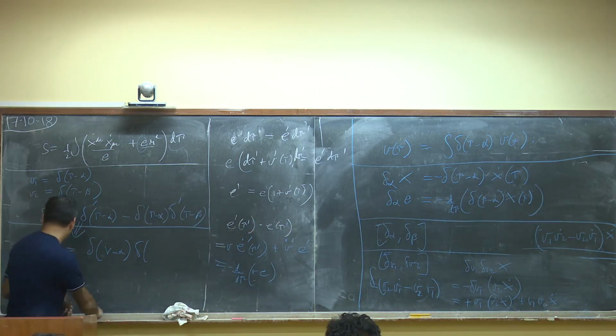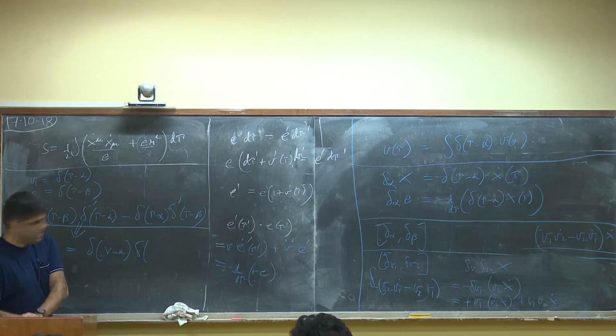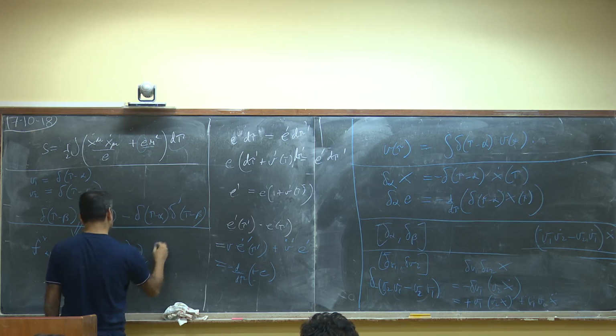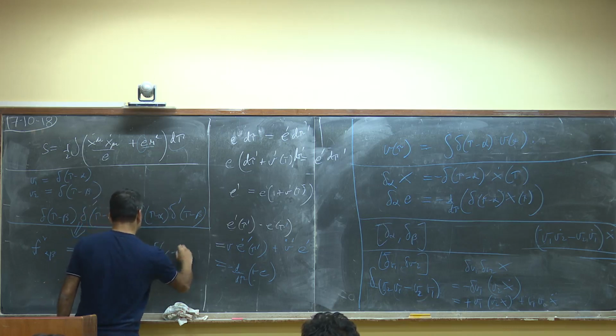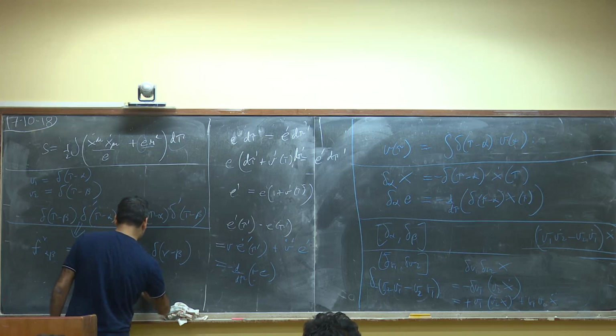symmetric in alpha and beta. Yes. It's del by del gamma: delta of gamma minus beta minus delta of gamma minus beta del by del gamma delta of gamma minus alpha.